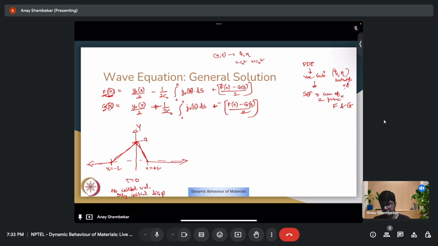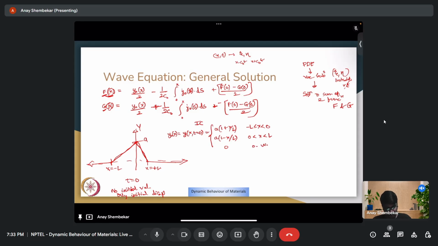So I would write the initial condition as y of x at t equal to 0. This is y naught of x is a into 1 plus x by L, when minus L less than x less than 0, a into 1 minus x by L when 0 less than x less than L, and this is 0 otherwise.